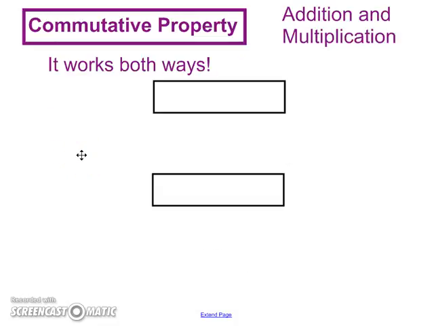Now the commutative property. First of all, the commutative property works in addition and multiplication. And the idea of commute means to move. Okay, if your parents say they work in Ann Arbor or something, and they commute to work, well, they go from Jackson to Ann Arbor to work. They are commuting.